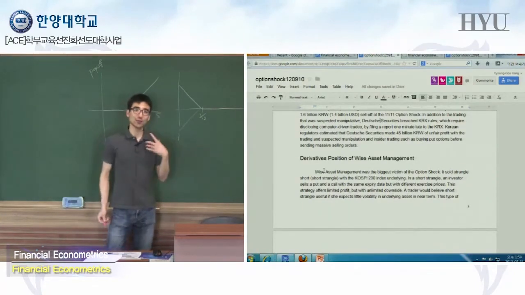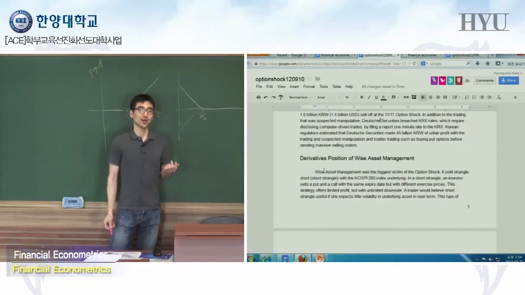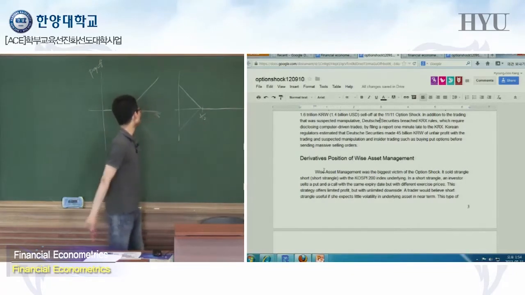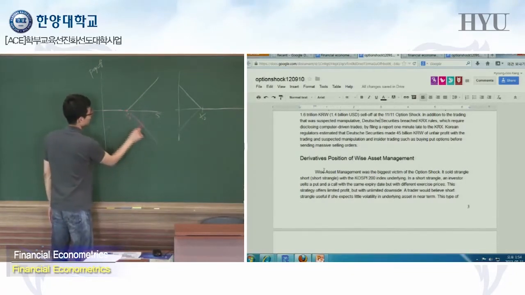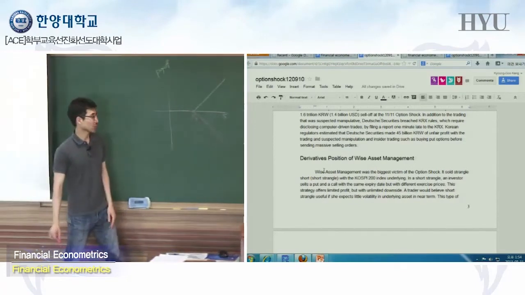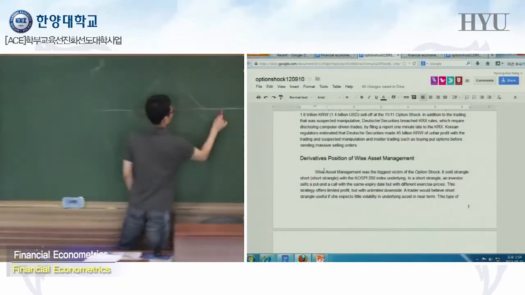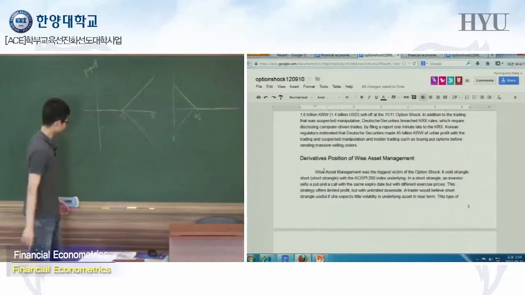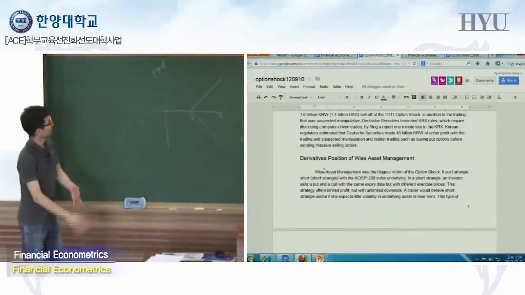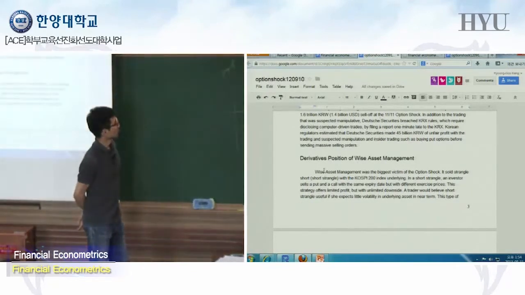Therefore, you have to buy the cheap asset at the higher price of X2. So this is the short position of the put option.